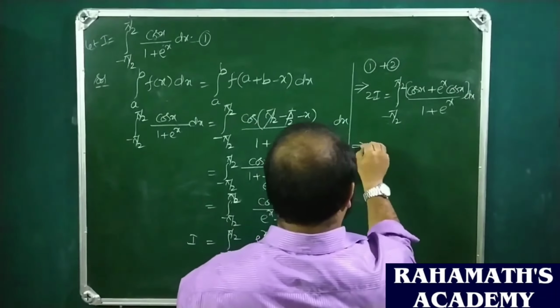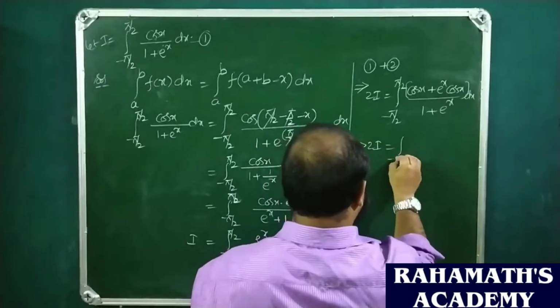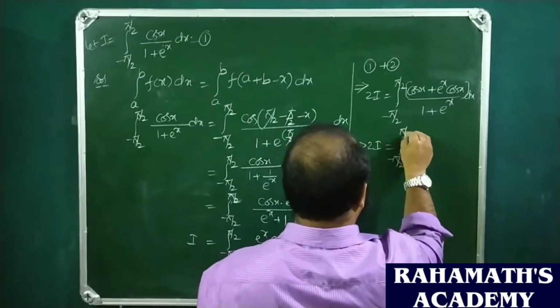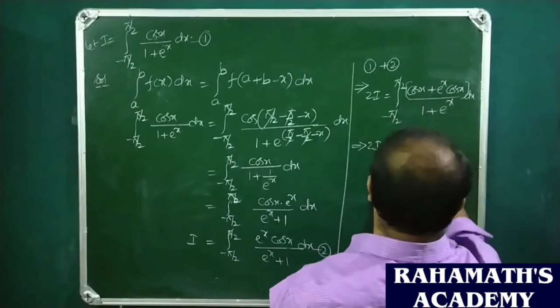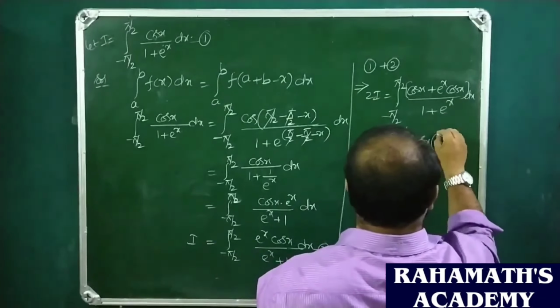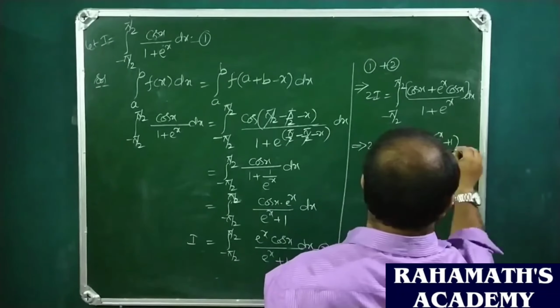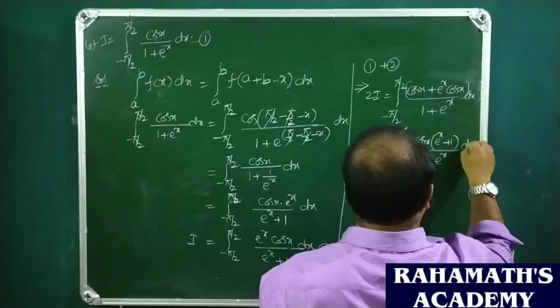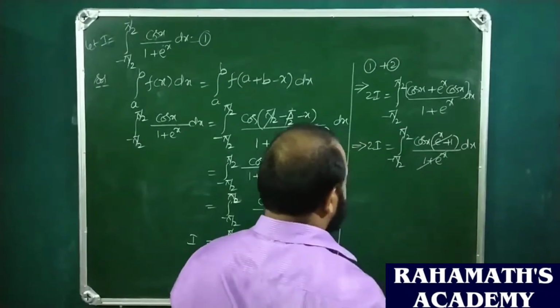So 2I is equal to integral from minus pi by 2 to pi by 2. Take cos x as common, so (e power x plus 1) by (1 plus e power x) dx. This gets cancelled.